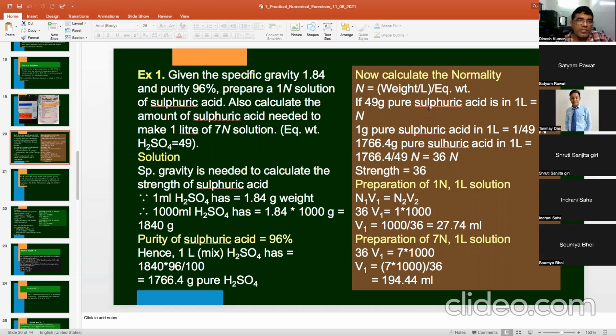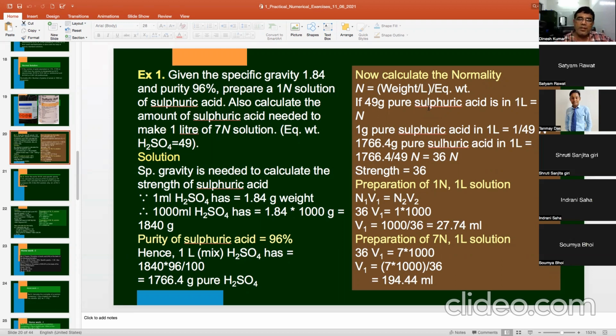So that is its strength. Now you know that this bottle has 36 normality of sulfuric acid. Then from this, you can prepare a solution of any strength, but less than 36 normality, because its maximum strength is 36 normal.